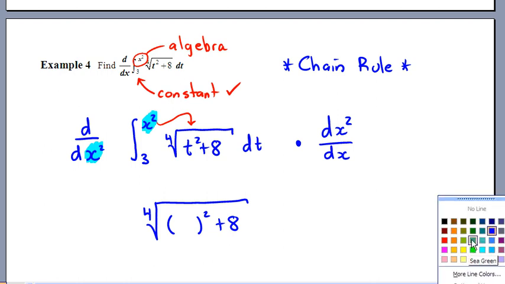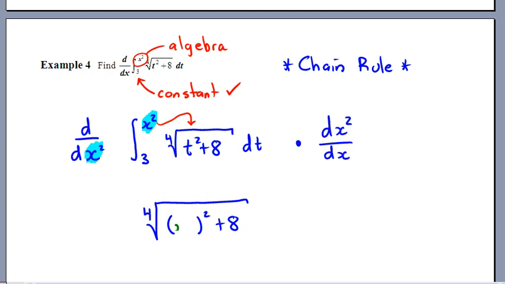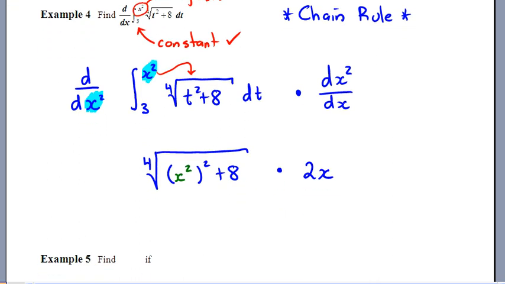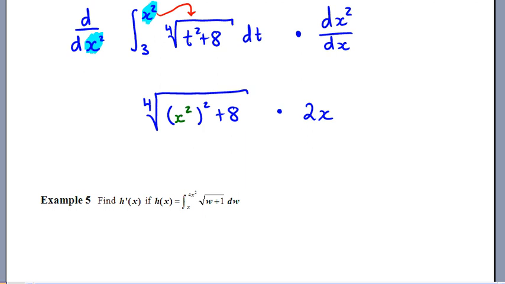So I'm going to put an x squared in right there. I guess it's x to the fourth by now. And then I fix it. Oh, okay, well, that was cheating. So I have to multiply by the derivative of x squared, which would be a 2x. Done.